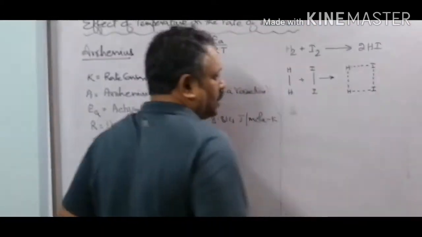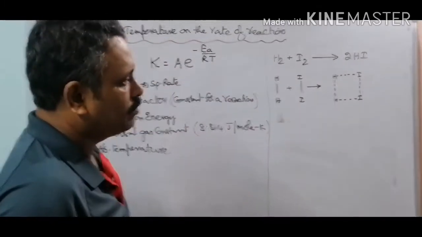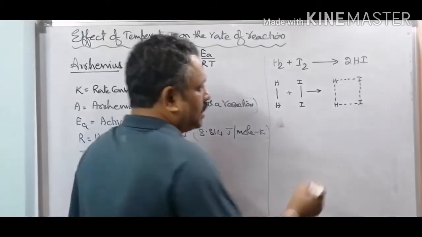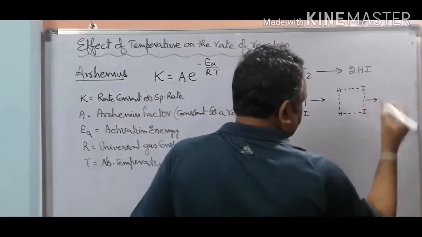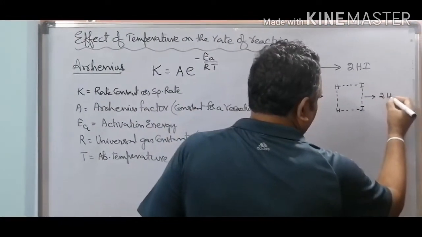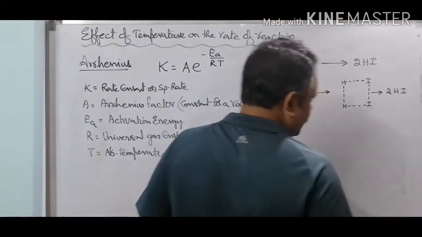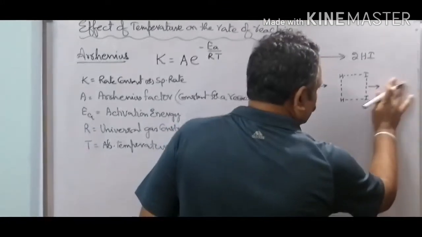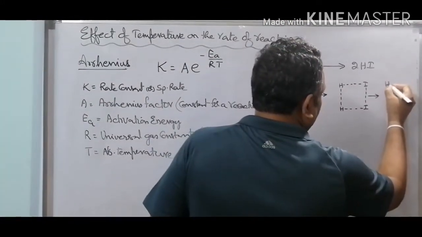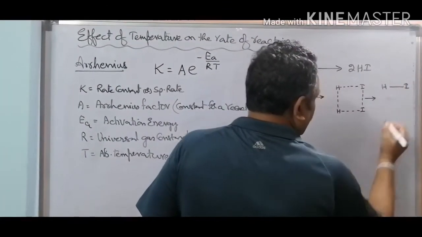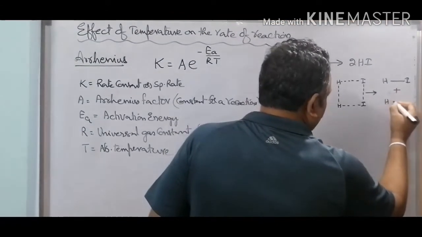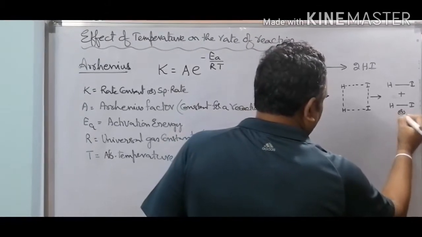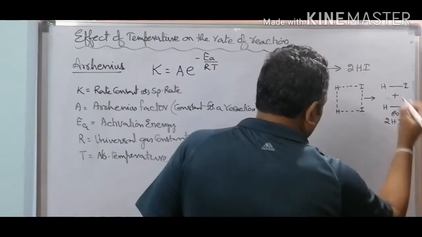New bonds are being formed and old bonds are being broken, and that is the activated complex stage. Gradually the reaction happens and you get your two products, that is 2 moles of HI. You can also show it this way: the bond between hydrogen and iodine is completely formed, which you can write as 2 moles of HI as the product.